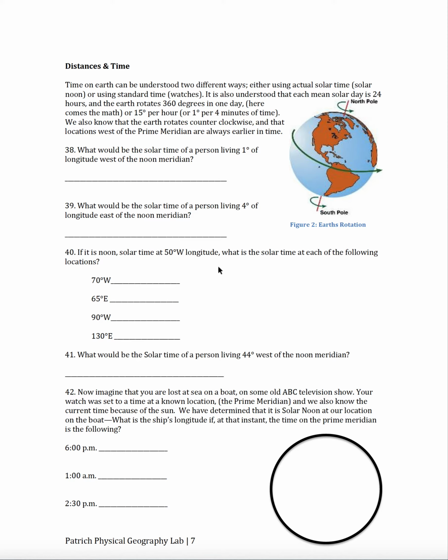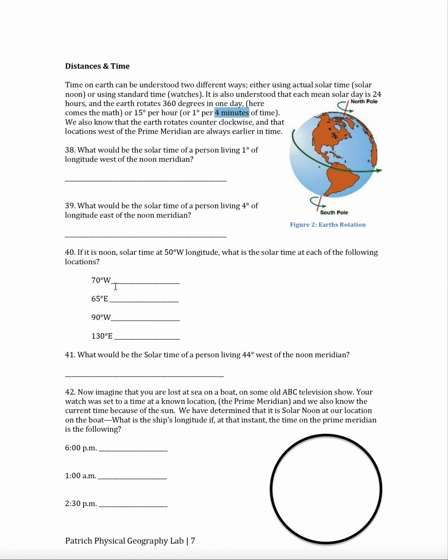So we know it's 20 degrees, and I know that every degree is equal to 4 minutes of time. Then I know that someone who lives 20 degrees west of me, because if I'm at 50 west and they're 70, is 20 degrees times 4 minutes of time, which equals 80 minutes, which is equal to 1 hour and 20 minutes.